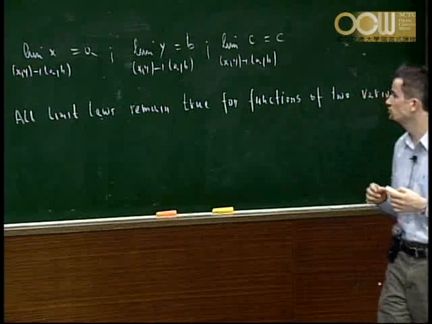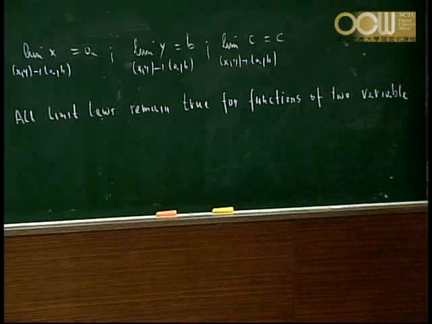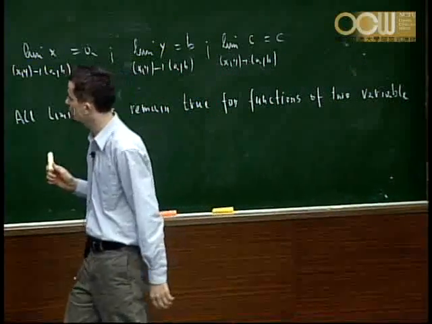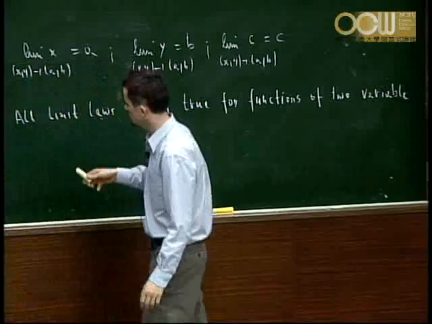So all those rules we are used to from the situation of a function of 1 variable can be used here as well. And this is already helpful for, for instance, this example here.